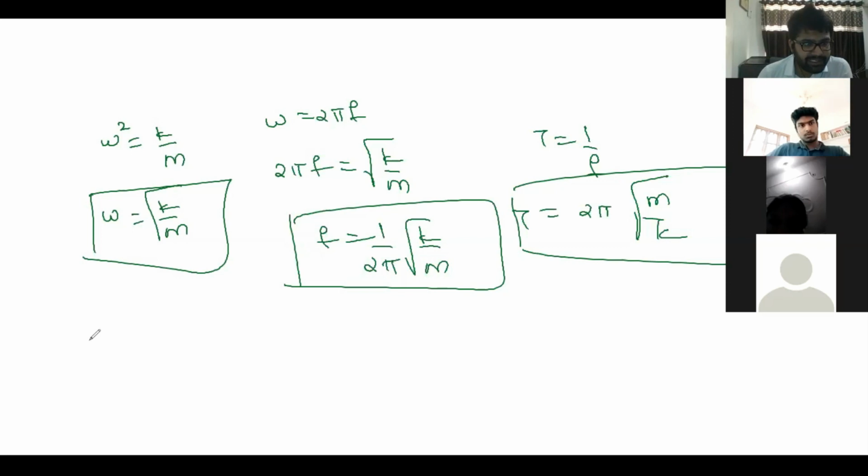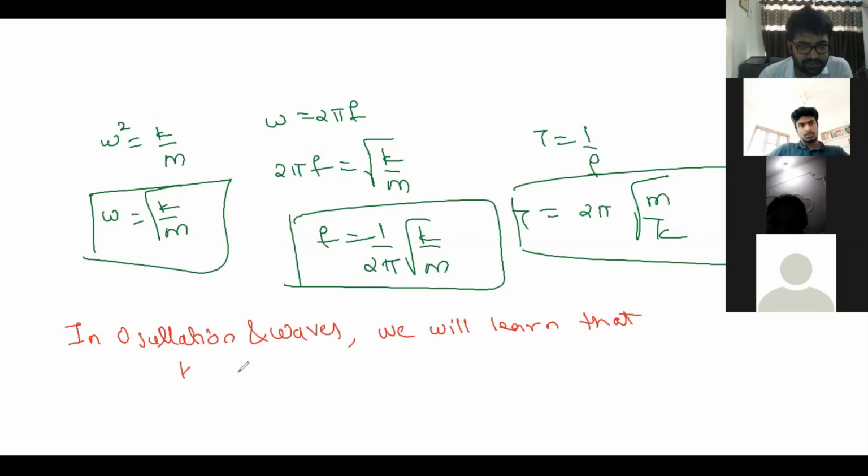We will be learning this in the oscillation chapter, when we do oscillation and waves. In oscillation and waves, we'll learn that this k, the force constant, can be found using the following. We have force F equal to minus kx.